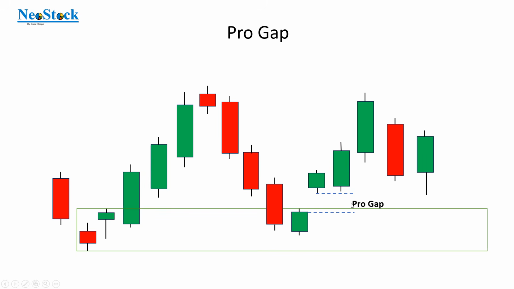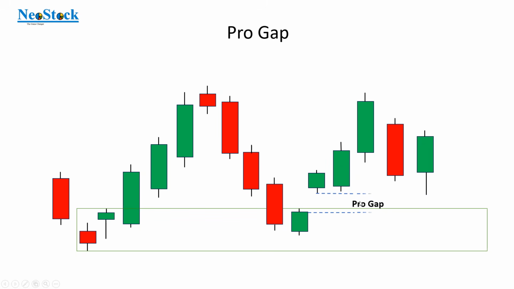Now please observe how this professional gap is holding the prices. The prices are not able to go below this professional gap. Previously we saw that a novice gap is easily filled, but it is not easy to fill a professional gap.